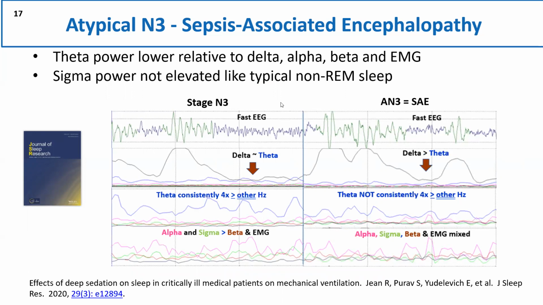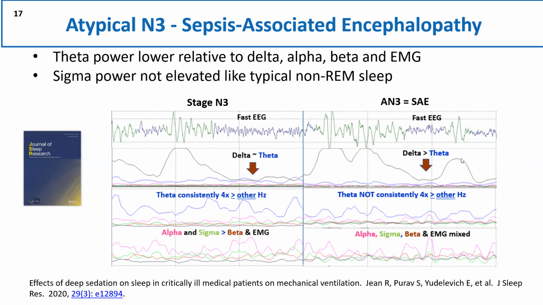So what are the differences between these two? We have stage N3 to the left, atypical N3 to the right. A couple of key things that are different: during the fast EEG, you would expect the delta and theta power to be similar to each other. And across all of the N2 or N3 sleep, the theta power should be about 4 times greater than what we get for the alpha, sigma, beta, or EMG.